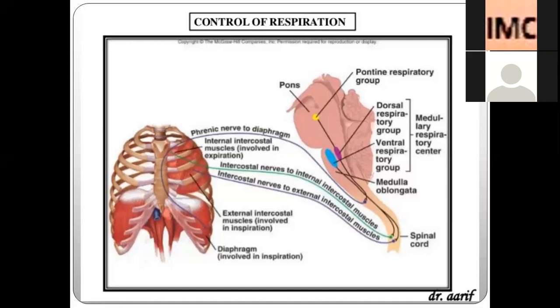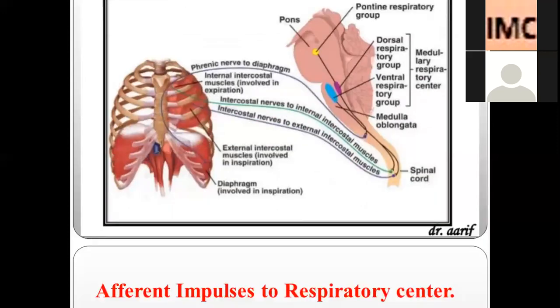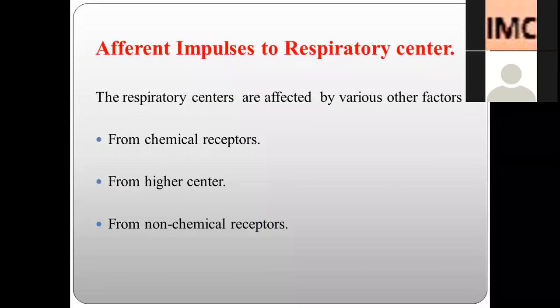So these nerves will be supplying these muscles, and accordingly, this is a connection made from the center to the muscle, and the control of respiration is done. Now, these are the answers which you have to write if your question is regarding the nervous regulation of respiration.